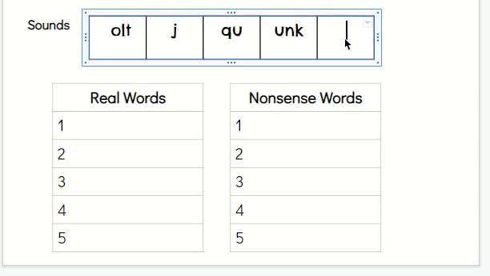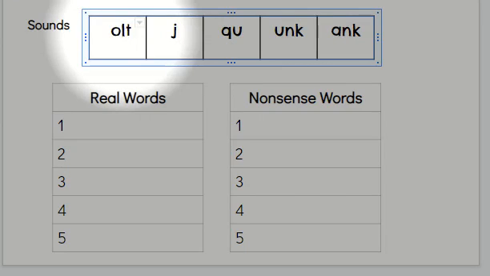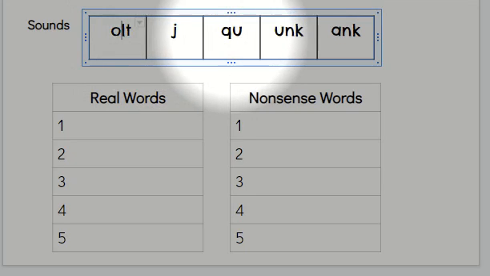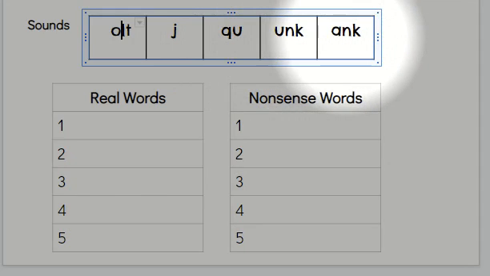Last one, ank. Repeat it. And you should write A-N-K. Let's do those together. Ready? Let's read them together. Number 1, olt. J. Qua. Unk. Ank.